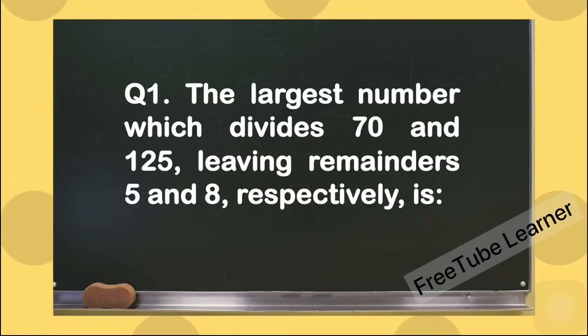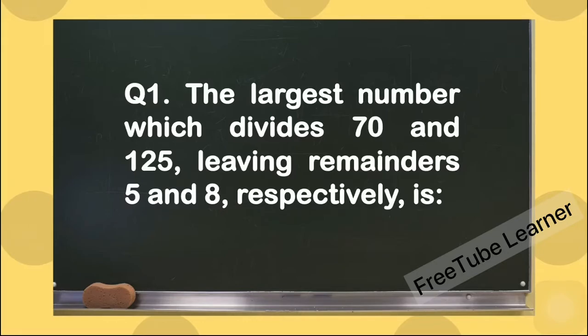The largest number which divides 70 and 125, leaving remainders 5 and 8 respectively, is. Here, the largest number which divides another number means we have to find a factor of that particular number, which means we have to find HCF, the highest common factor.